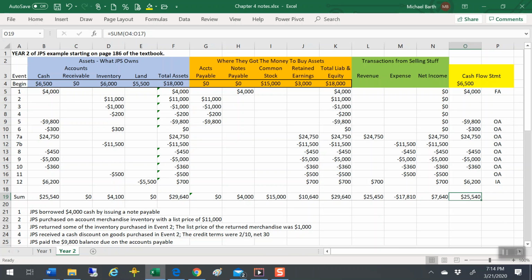And the reason I want to keep track of whether they're financing activities, operating activities, or investing activities is, we can only sell off all our land so many times. I can buy inventory and turn it over and sell it multiple times during the year. But when I sell off all my fixed assets or my long-term assets, I got no place to do business out of.